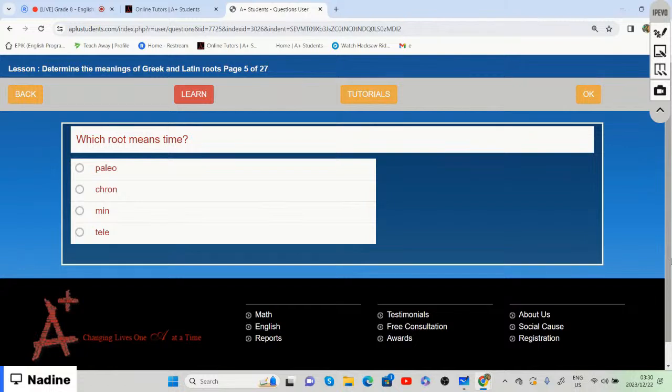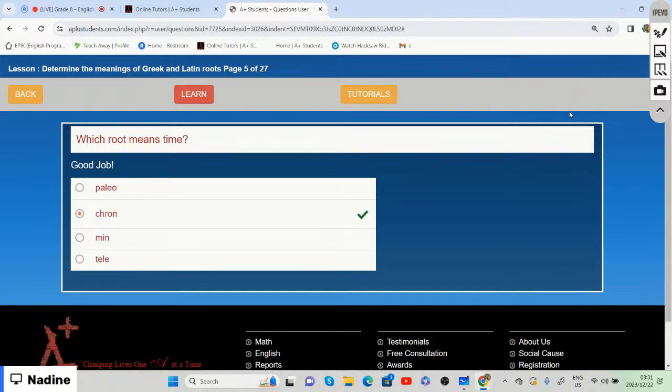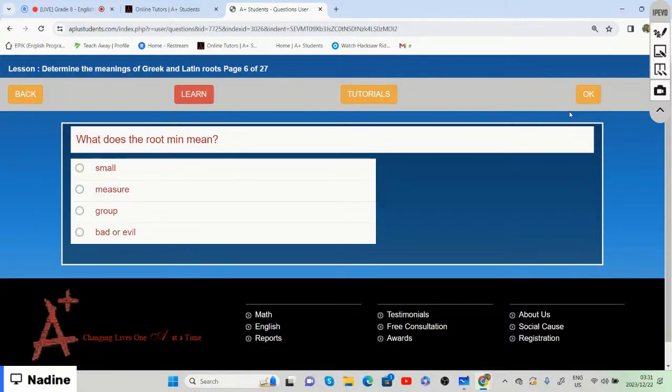That means time. And if we select the root that means time, then we can say cron means time. And that is correct because cron means time.